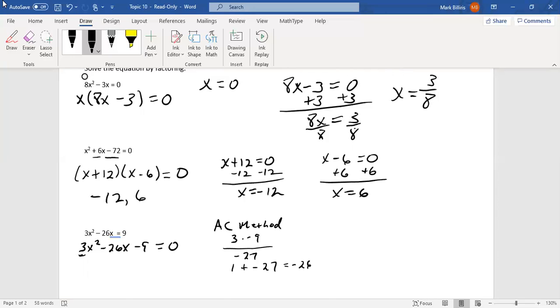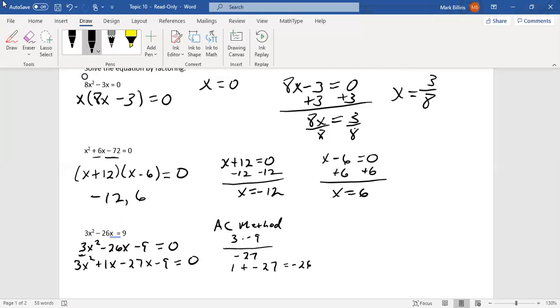Now we rewrite our expression so the 3x squared stays the same, and we use the positive 1 and negative 27 to rewrite our middle term. The minus 9 stays the same, as does the 3x squared.